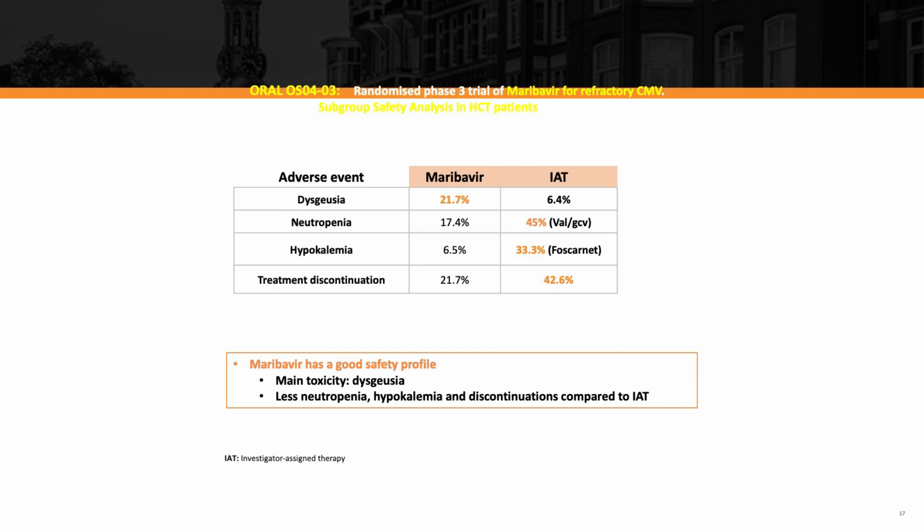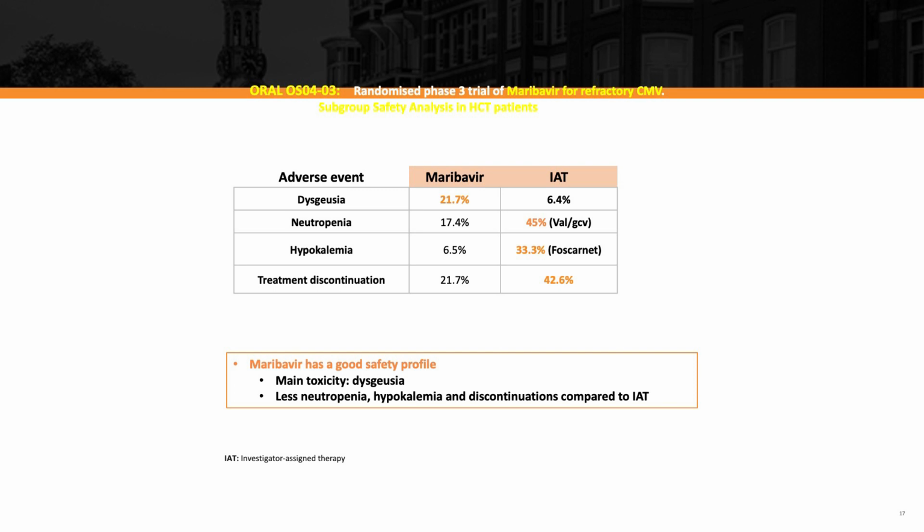Maribavir had a good safety profile. Neutropenia and hypokalemia were more frequent with the other treatments, and the only adverse event more frequent with maribavir was taste alteration. That is not very severe; it's important, but it's quite useful because you know whether the patient is taking the medication or not.